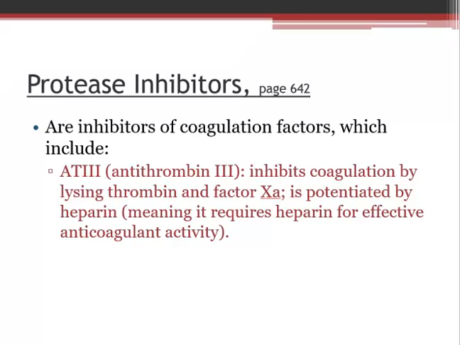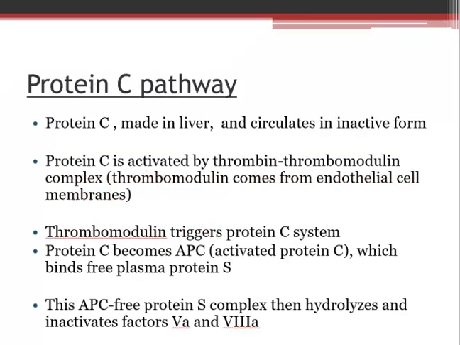for anticoagulant activity. Protein C is made in the liver and circulates in an inactive form. The protein C is activated by a thrombomodulin complex.